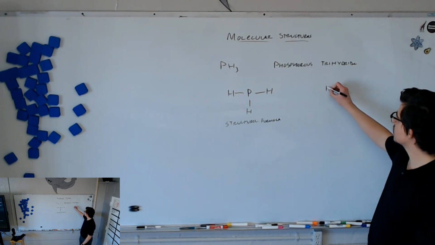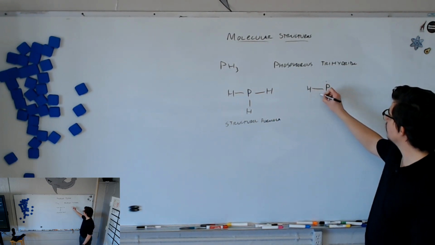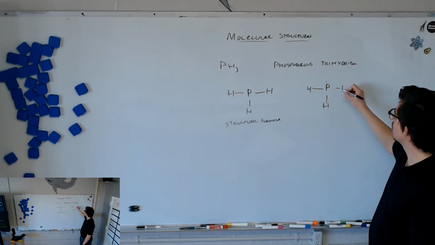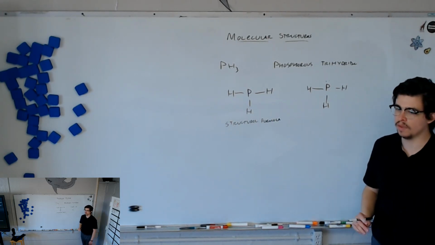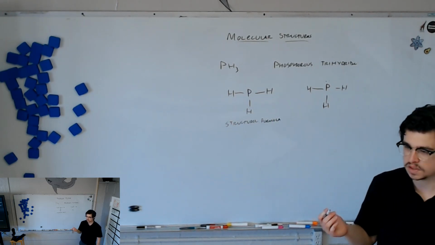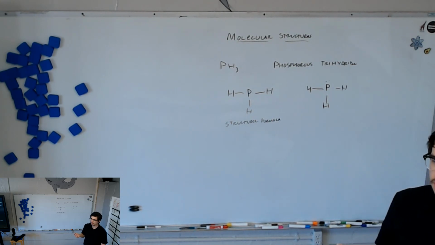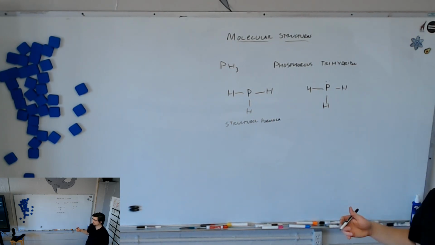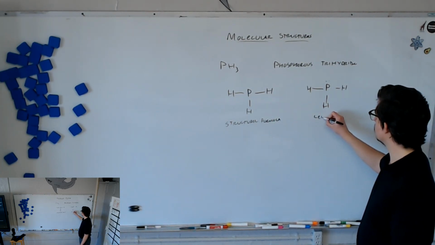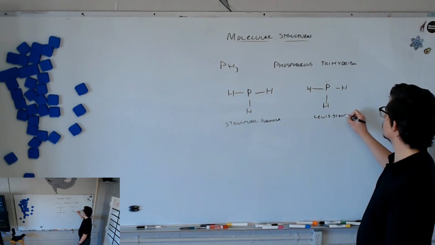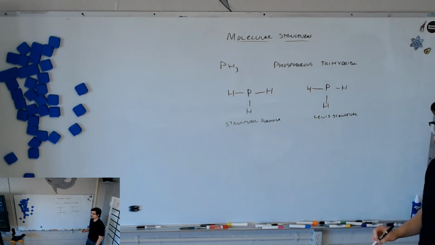And then we also have something that's shown there called the Lewis structure. You might remember that when we did electron dot diagrams, we sometimes called those Lewis dot diagrams. For some reason, this guy Lewis, we named these things after him, but this is called a Lewis structure. So the difference between the Lewis structure and the structural formula is what?